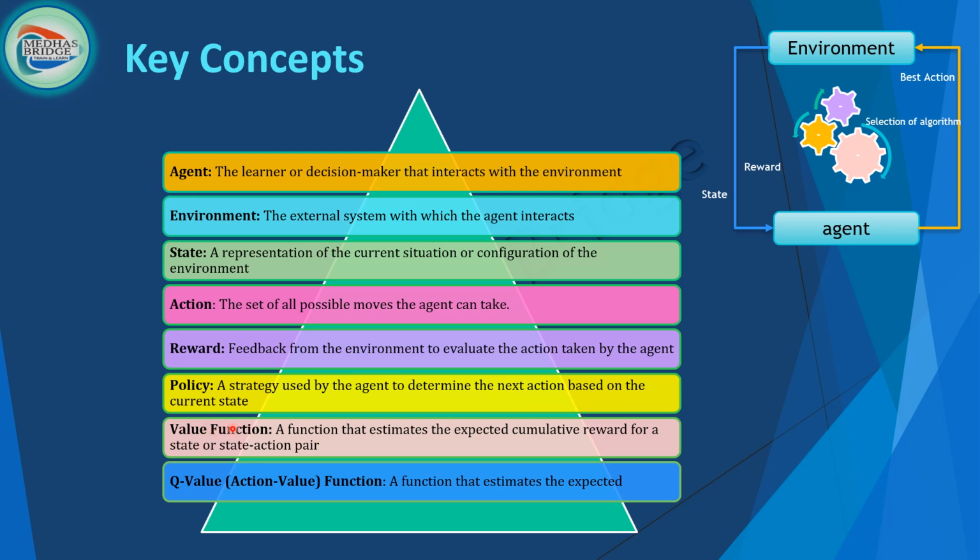That's called a policy that the agent has to live with. Value function, a function that estimates the expected cumulative reward for a state or state-action pair. Q value means action value function, a function that estimates the expected.